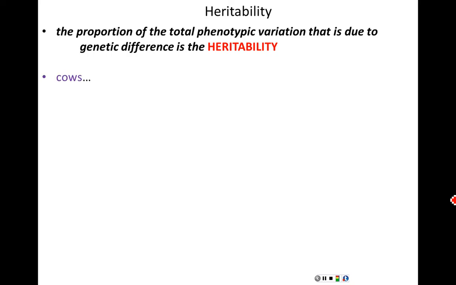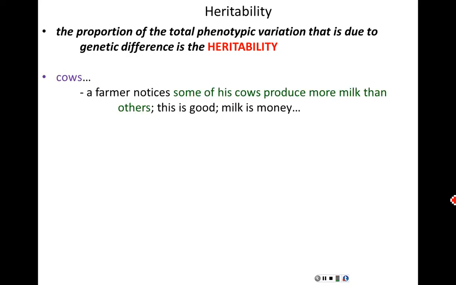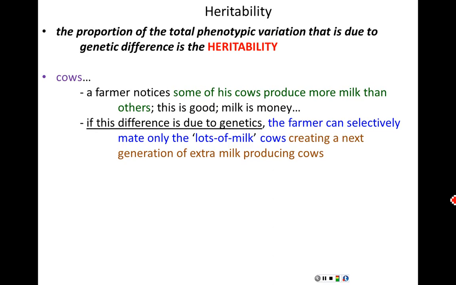Let's go back to cows and their milk. A farmer notices that some of his cows are producing much more milk than the others. The farmer is very happy. He's a dairy farmer. Milk is money, so this is good. If this difference in cow milk production is due to genetics, the farmer knows exactly what he wants to do.